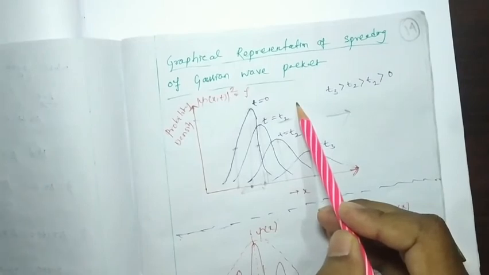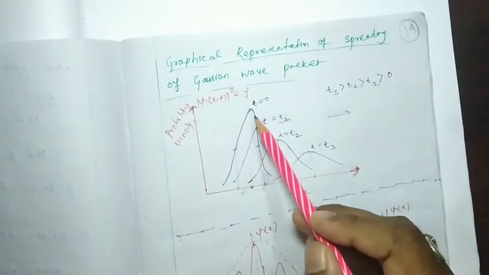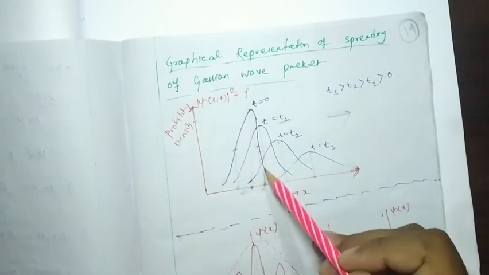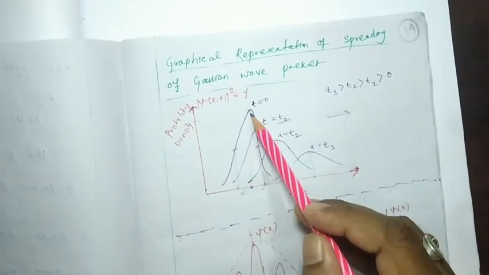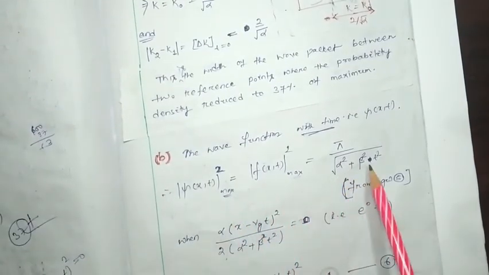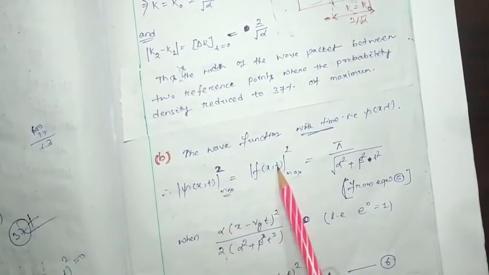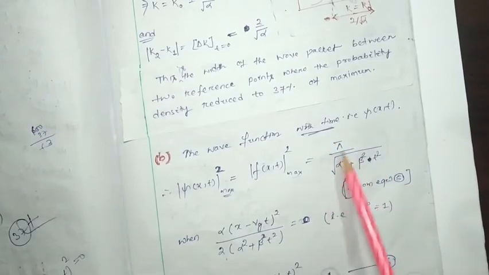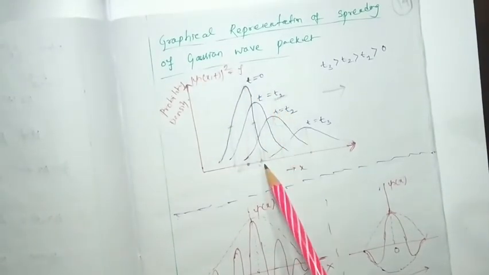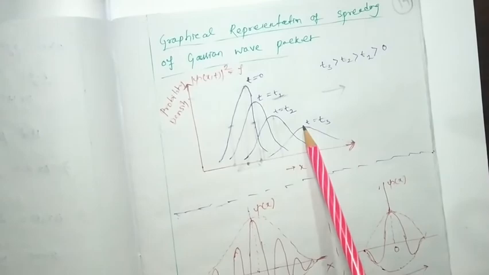And with time, the peak height, or the maximum of the peak, will also be reduced. You can measure that from here. This represents, at a particular time, the maximum value of the probability density. At t equal to 0 the maximum probability density is this one, at t1 this one, t2 this one, t3 this one.